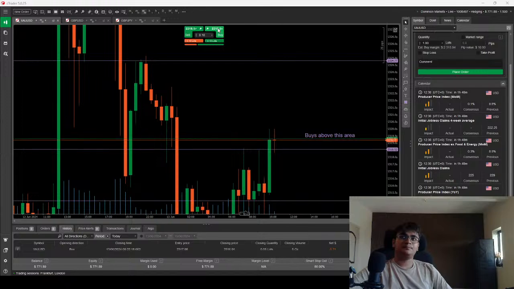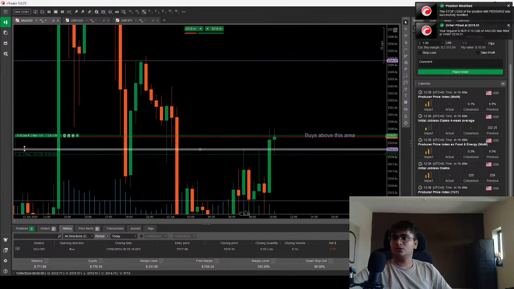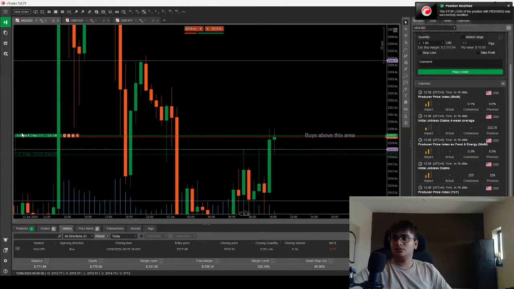Okay, here we put the stop loss exactly below the candle, which will be 13 pips, and our take profit will be around this area.